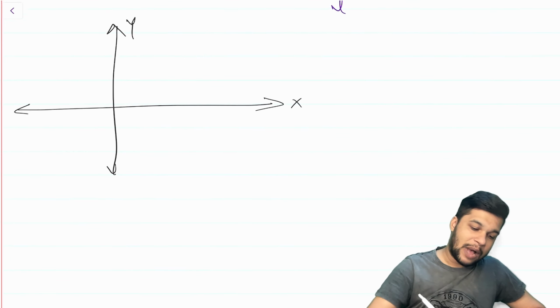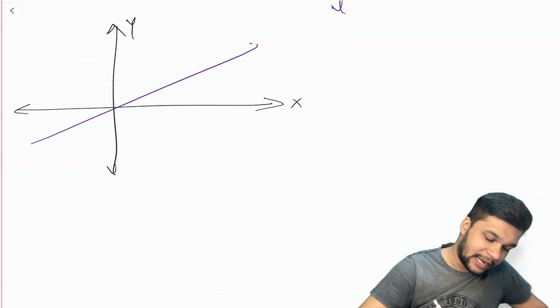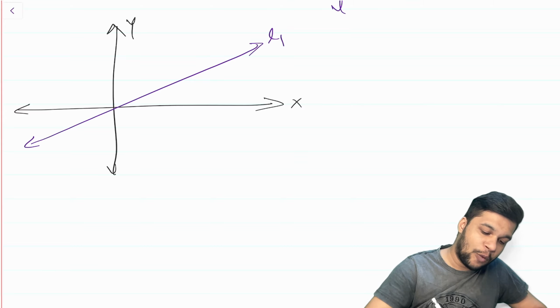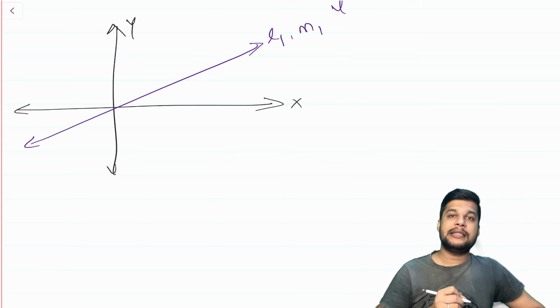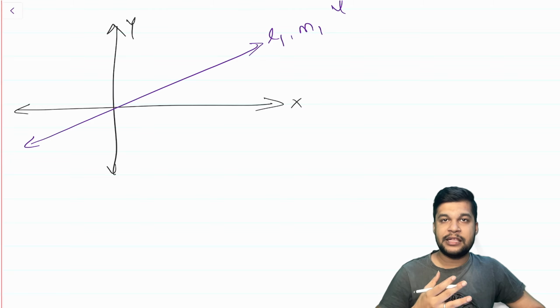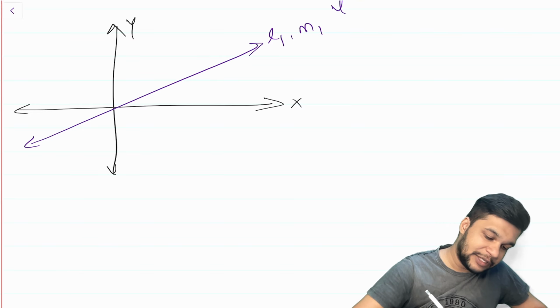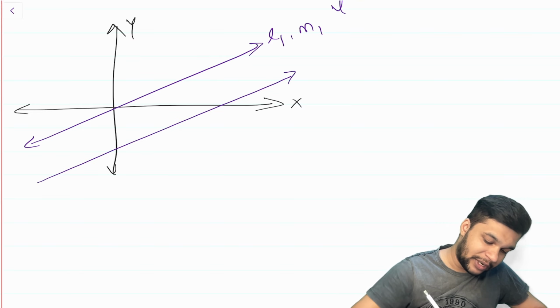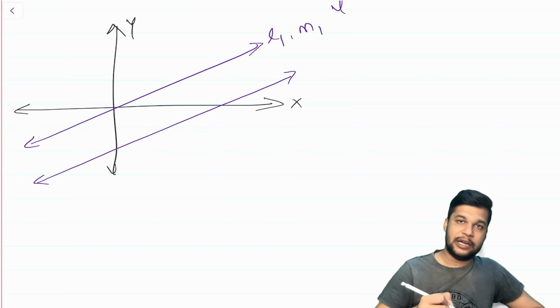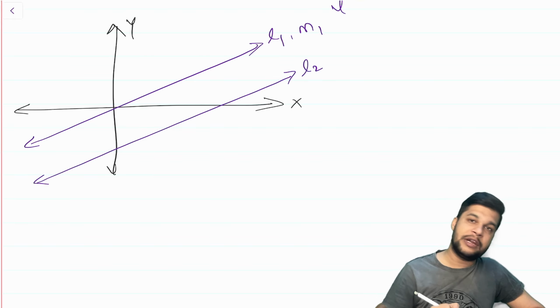Now let's say you have a line something like this. Let's call it L1, and the slope of this line, or the gradient of this line, is M1. Let's draw another line which is parallel to it. Call it line 2.